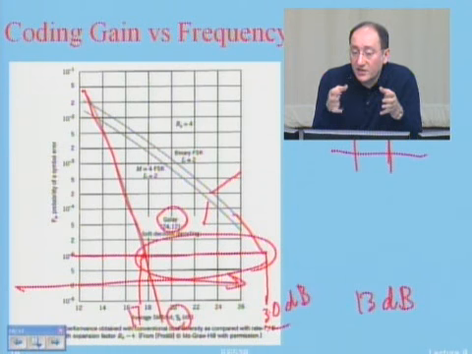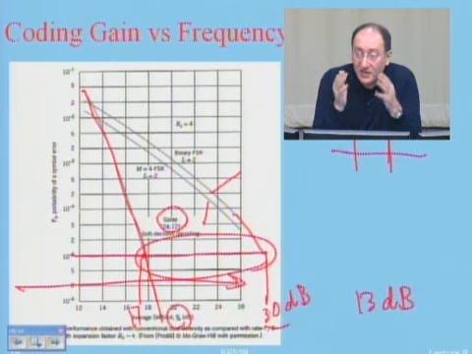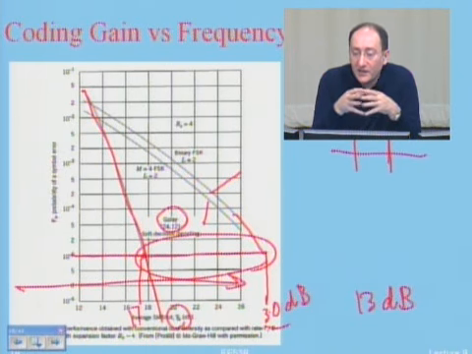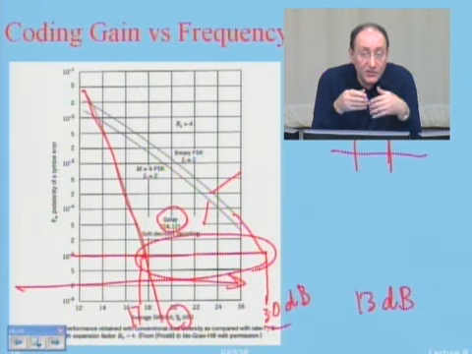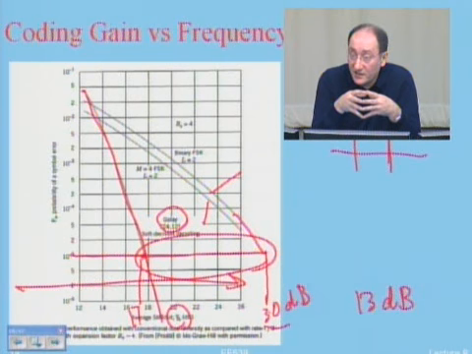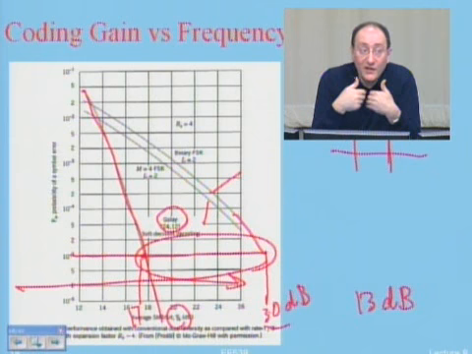But in summary, I just described how bad fading can be, and then I told you how good coding can be. Now, for the next stage, I want to give you another piece of good news. That good news is diversity, and how diversity is effective in remedying the harmful effect of fading.